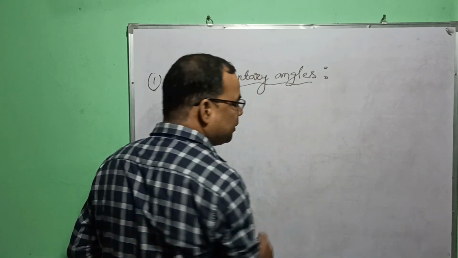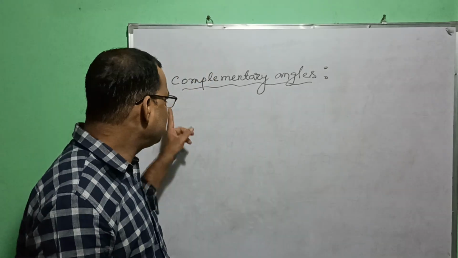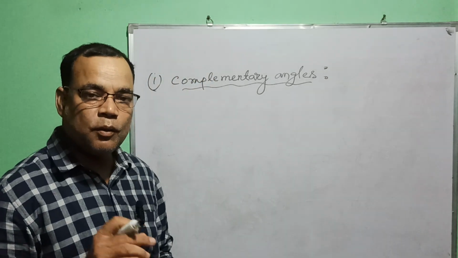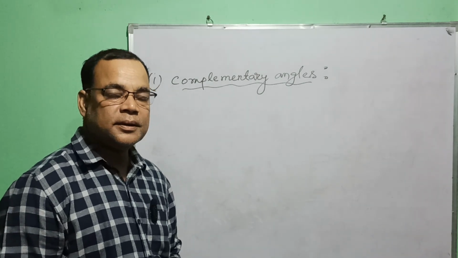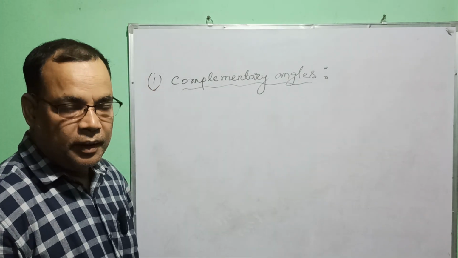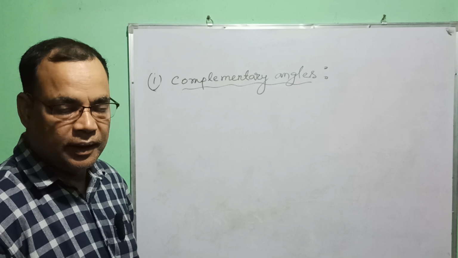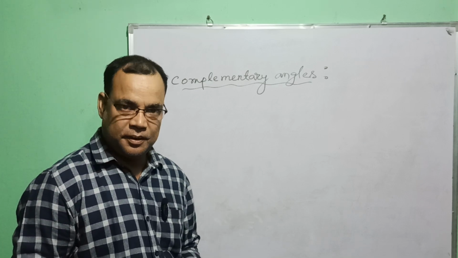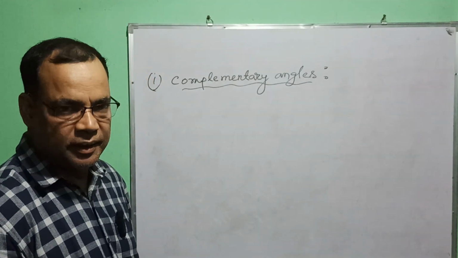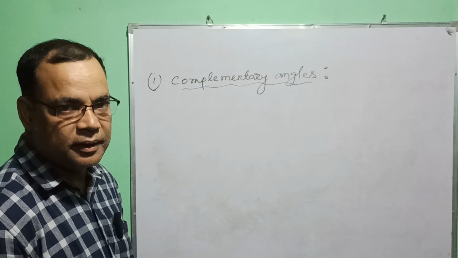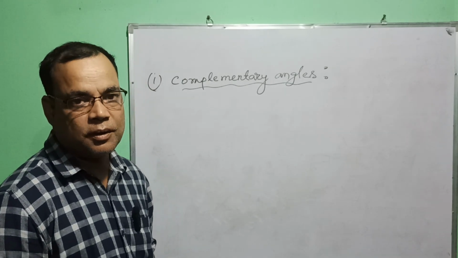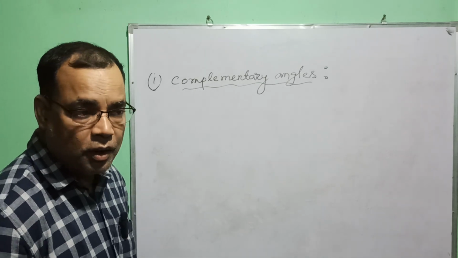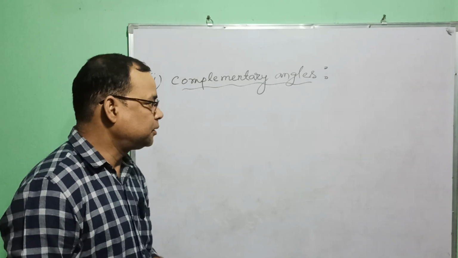Then what are complementary angles? We'll discuss first how we can define complementary angles. Complementary angles are those angles where the sum of two angles gives 90 degrees. That means if the sum of any two angles measures 90 degrees, then these two angles are called complements of each other, or complementary angles.